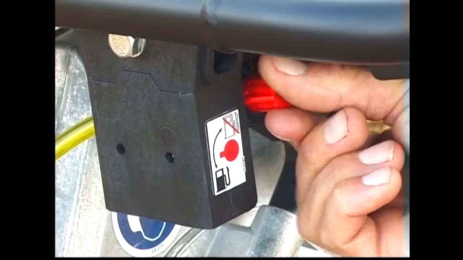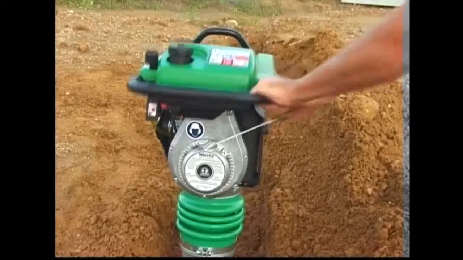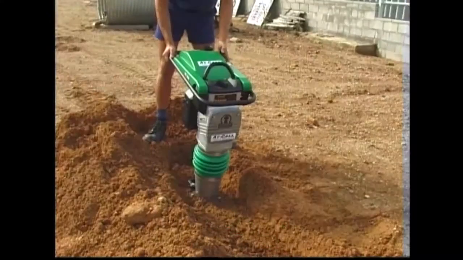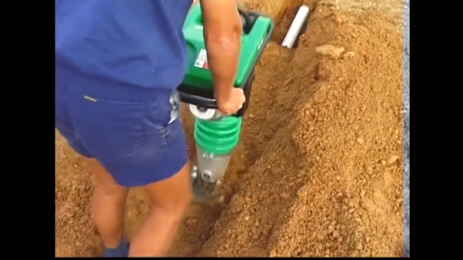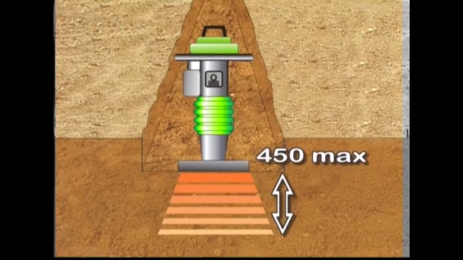As for other combustion engines, a routine starting procedure is followed. The rammer is effective in the narrow confines of a trench. Each pass of the ram consolidates material to a depth of 450 millimeters.